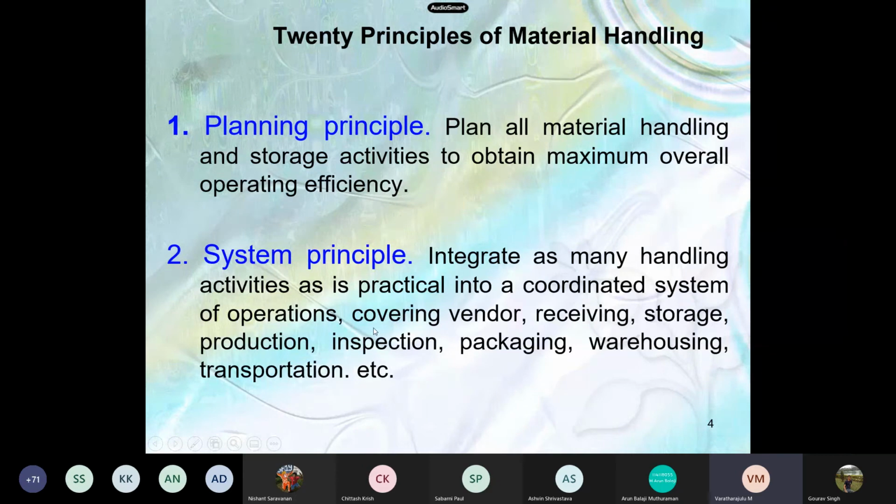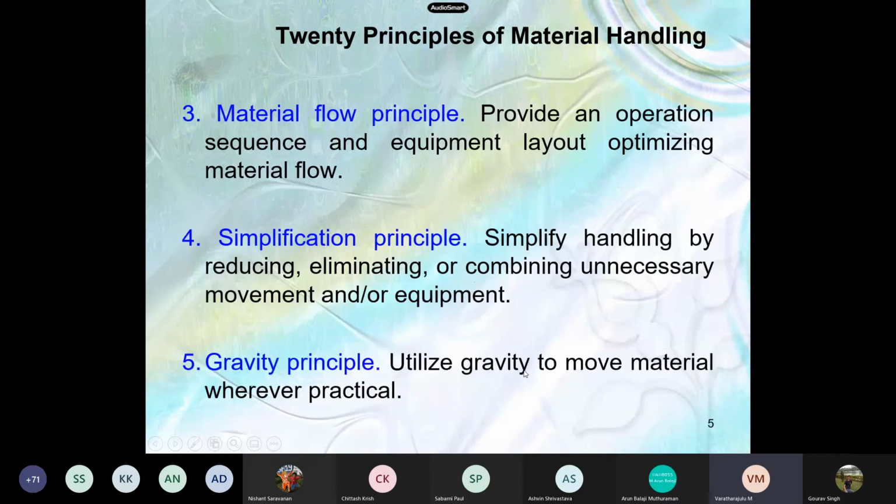The vendor's supply might be huge at some particular time, and at some particular time it may drastically go down, and it has to be considered. Receiving of those materials, storage, production, inspection, packaging, and warehousing.